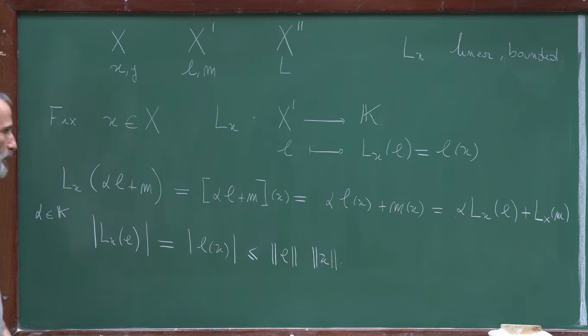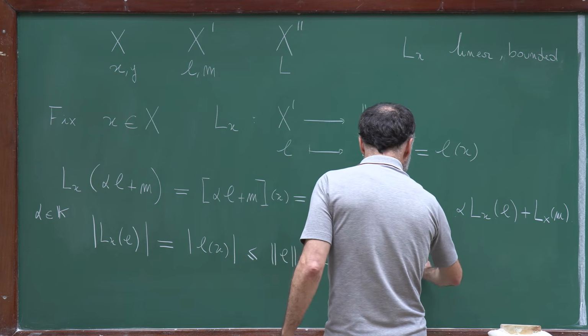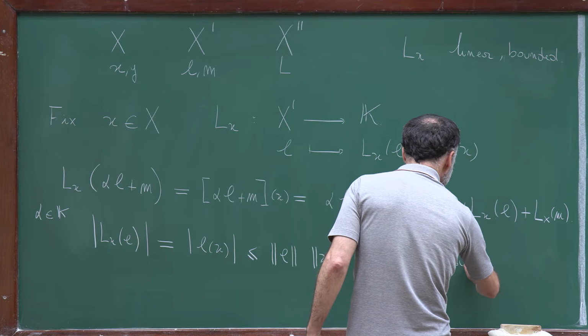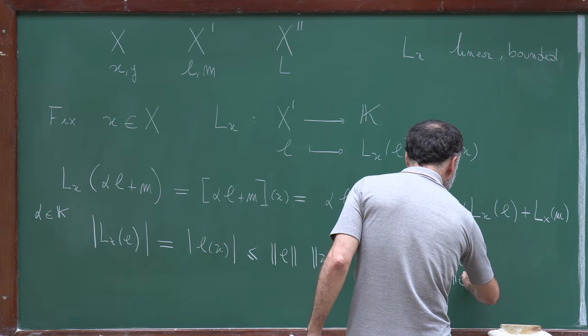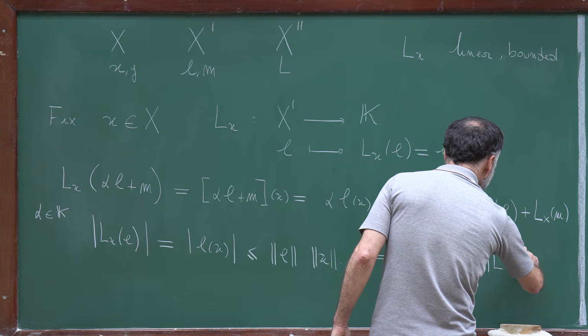So remember, the norm of Lx is the supremum over all l whose norm is equal to 1 of |Lx(l)|.